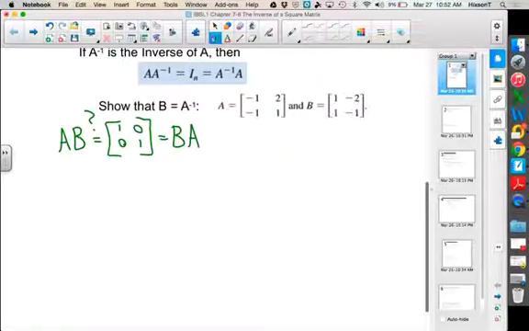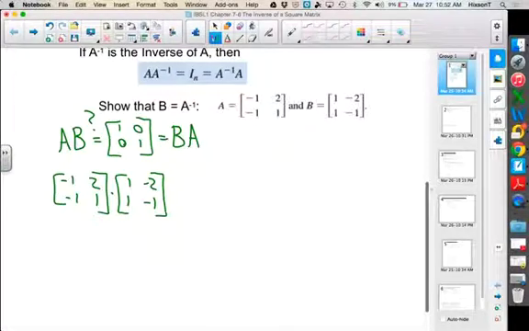If I do A times B, I have negative 1, 2, negative 1, 1 times 1, negative 2, 1, negative 1. So, just working this out, I have negative 1 times 1 is negative 1, plus 2 times 1 is 2.